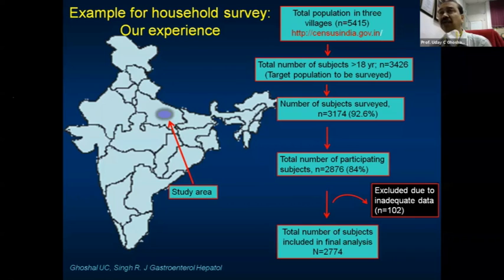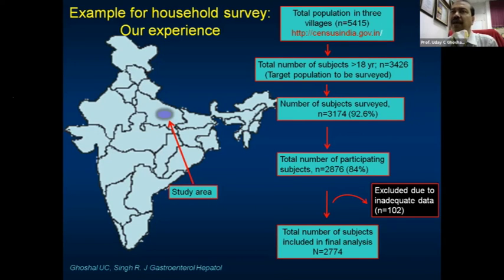Of 3,426 people, 3,174 participated. So the question that the study sample does not represent the study population, that is the 4 villages, is gone. This doesn't apply to us.